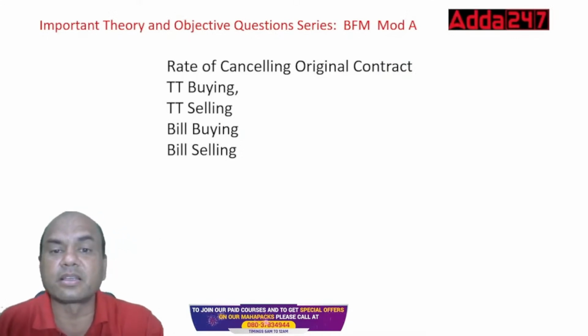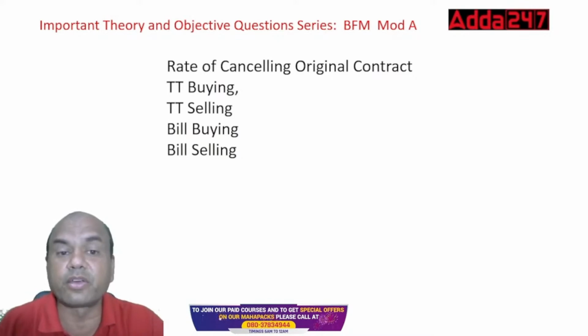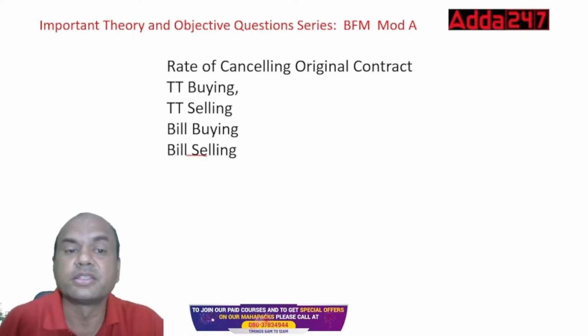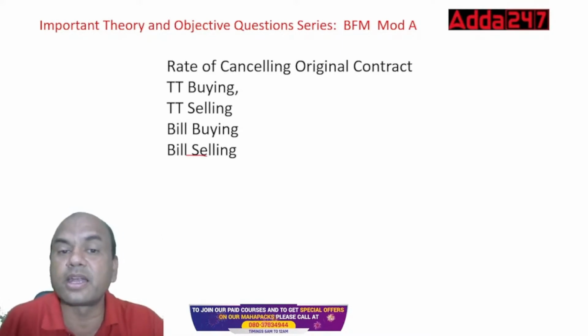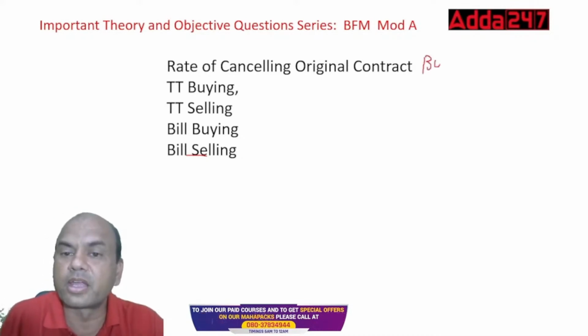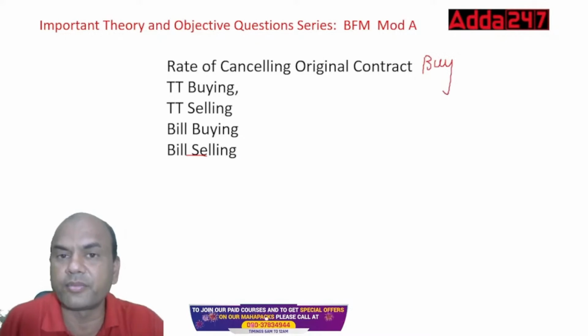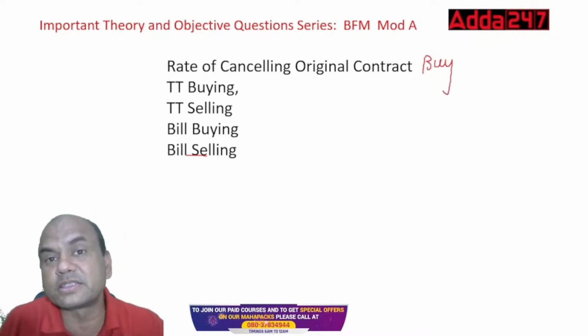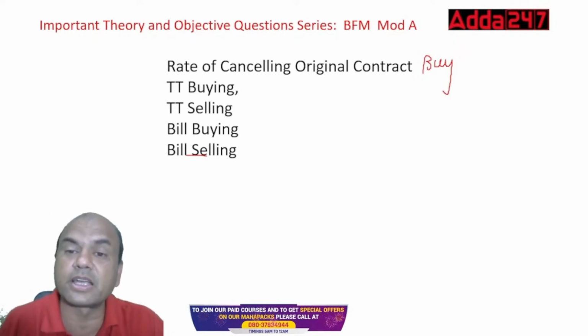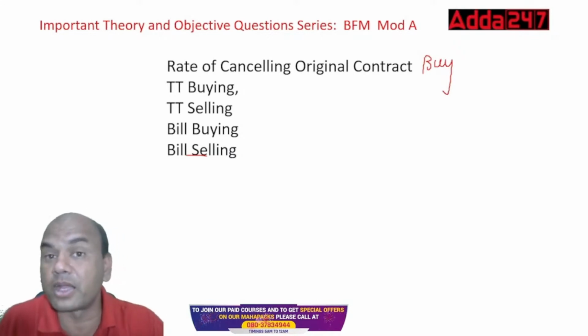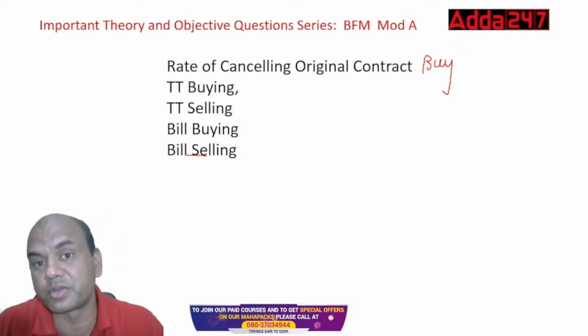Rate of cancelling the original contract means whenever we cancel the original contract, it is done at what rate? TT buying, TT selling, bill buying, bill selling. Here, cancelling the original contract rate depends on what rate we are talking of. Suppose I am calling the buy rate. If I have purchased this dollar earlier, I might have purchased it at either bill buying or TT buying, depending on what type of transaction it was.